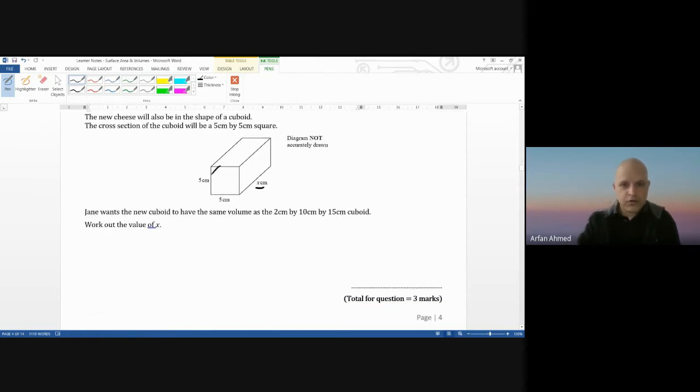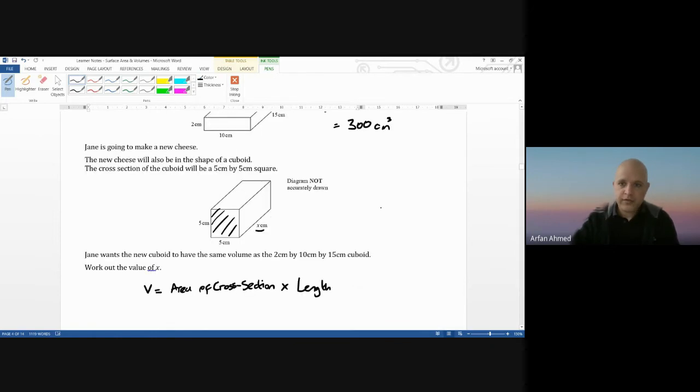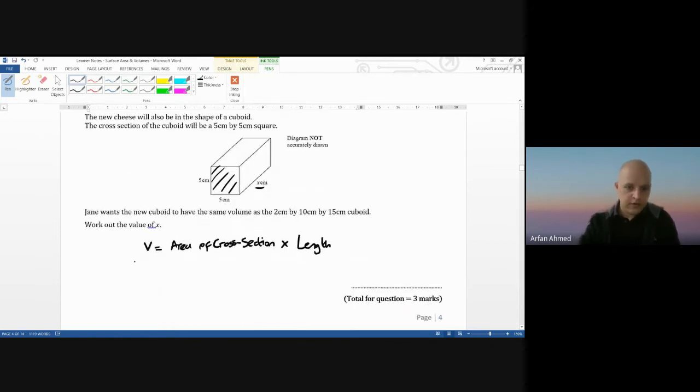Let's say this is your cross section. Okay, so volume is equal to area of the cross section, which we can easily work out, times by the length, which in this case is x. Volume we know, which is 300 from the previous cuboid.